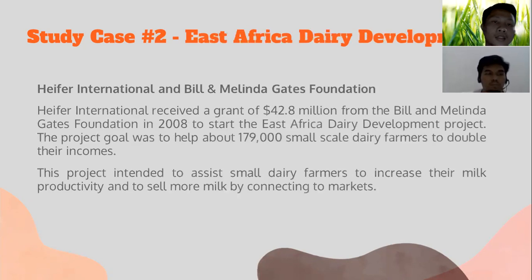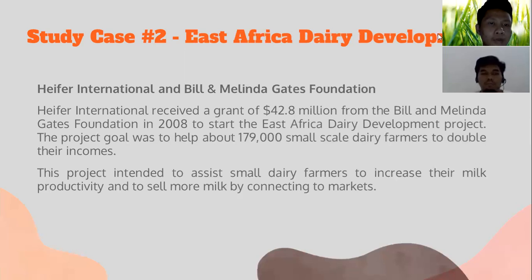Next, case study two is East Africa Dairy Development, from Heifer International and the Bill and Melinda Gates Foundation. Heifer International received a grant of 42 million from the Bill and Melinda Gates Foundation in 2008 to start the East Africa Dairy Development Project.